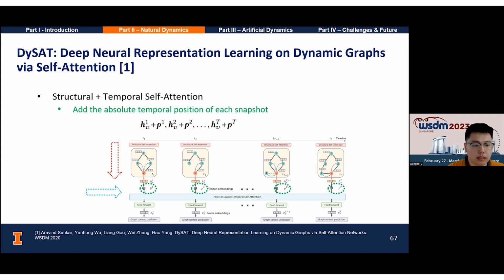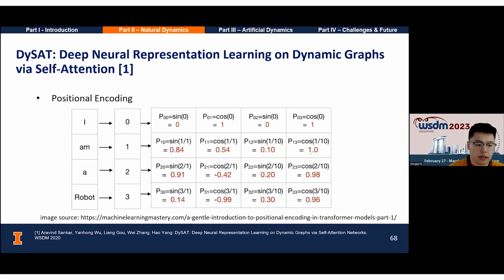So how could we compute the positional encoding? Let me give you an example. This picture is still from a blog. If we have 0 as a position, then we have the positional encoding function as sine, cosine, sine, and cosine.